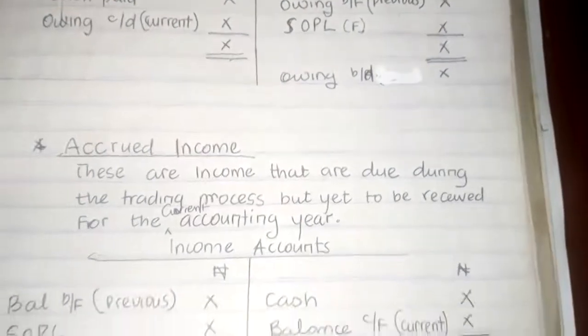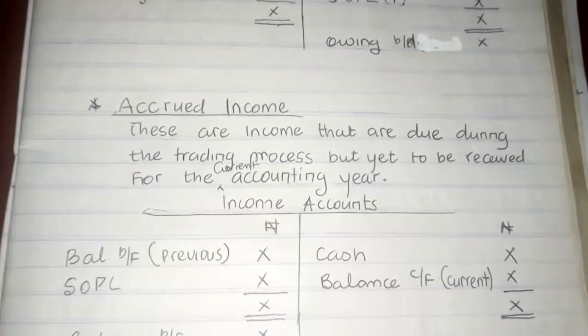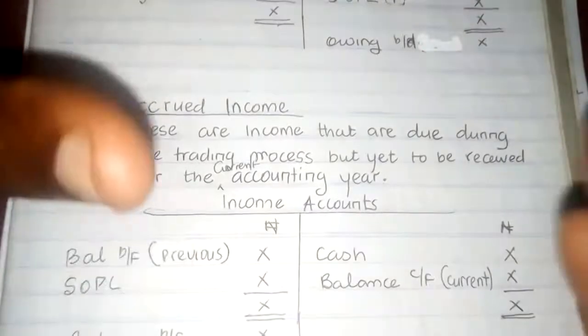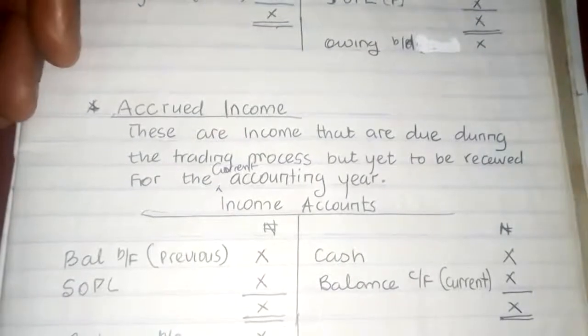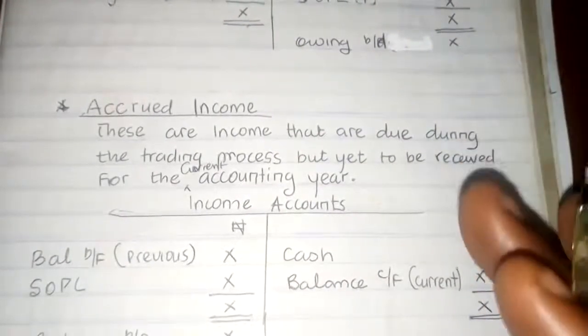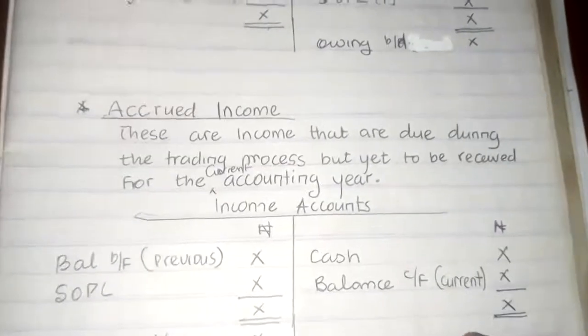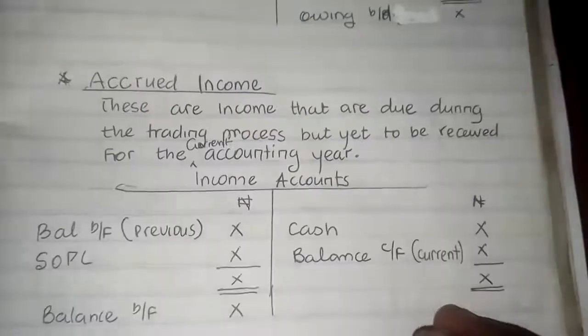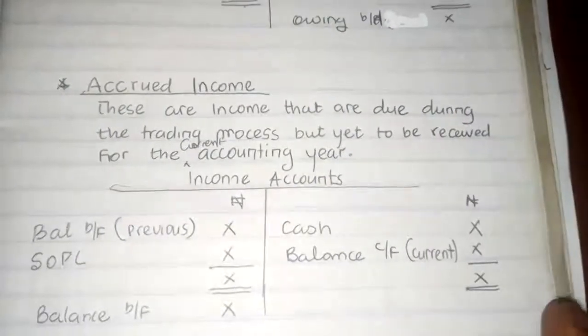Like our customers now, supposing we are to collect money from them, but they said for now we don't have money till next year. That is accrued income. If the business has sold goods to the customers but the customers are yet to pay for those goods, they will be referred to as accrued income.